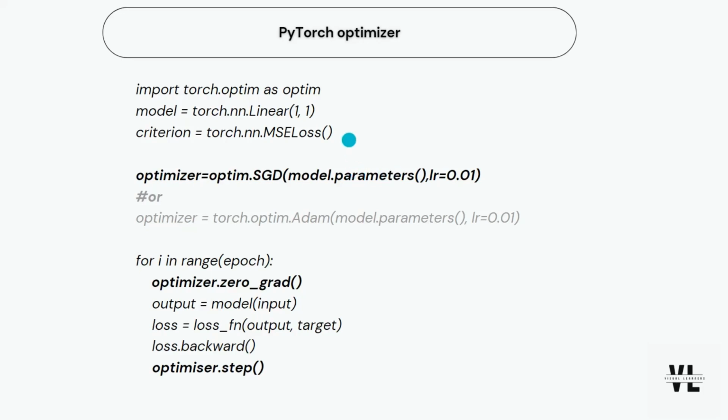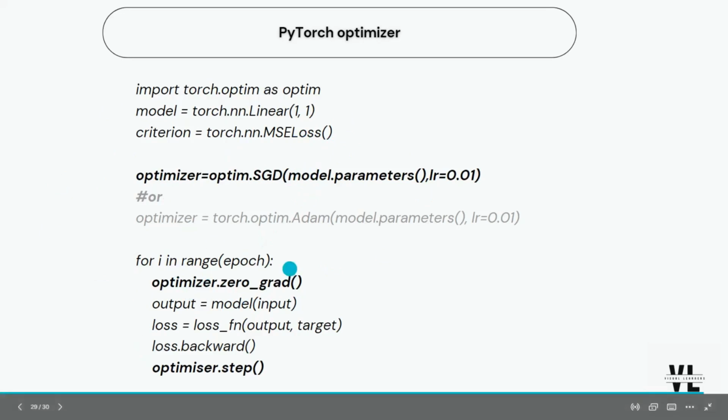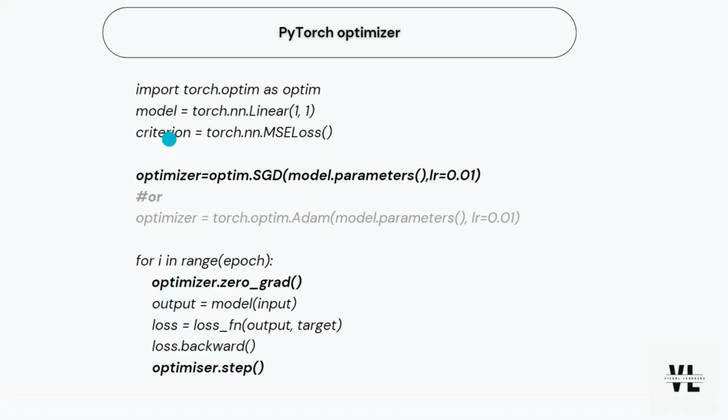In the next video, we're going to see in detail how to implement optimizers using a simple model. We're going to use NumPy first, and second, we're going to use PyTorch in order to understand what's happening behind the scenes. As you can see, PyTorch is basically doing most of the work under the hood.